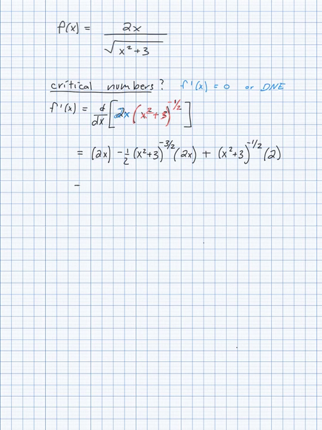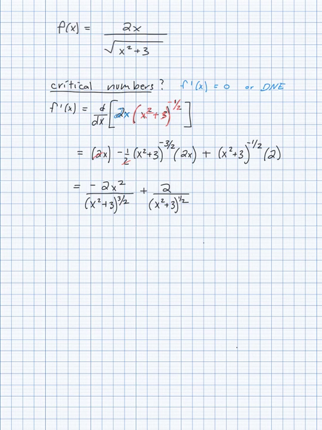And now I need to simplify this. So these 2's will cancel, and I can write minus 2x squared divided by x squared plus 3 raised to the 3 over 2 plus 2 divided by x squared plus 3 raised to the 1/2.